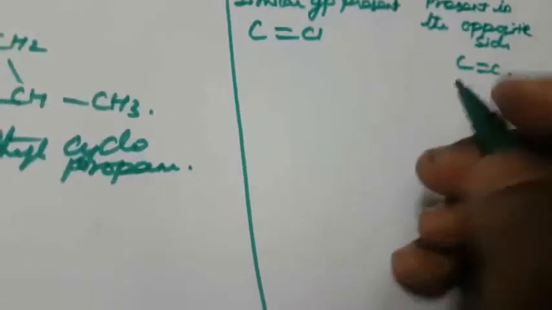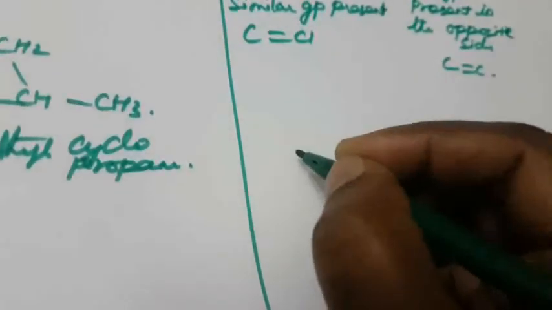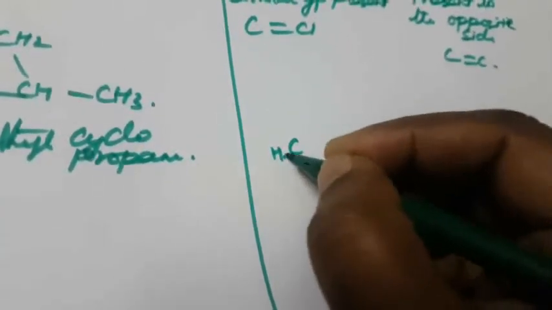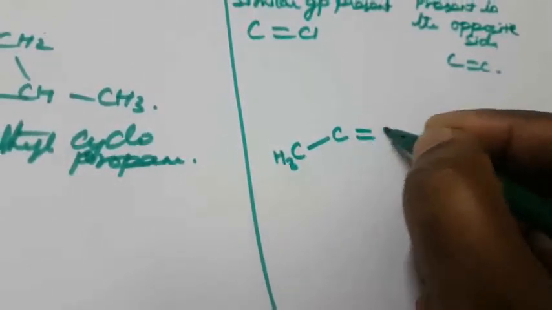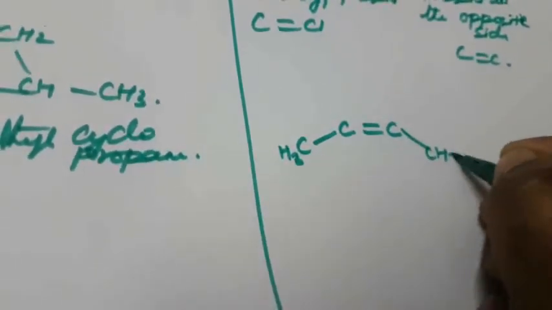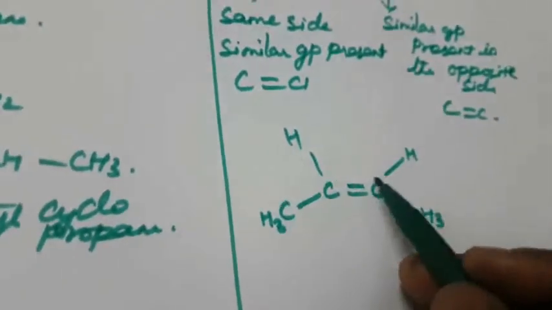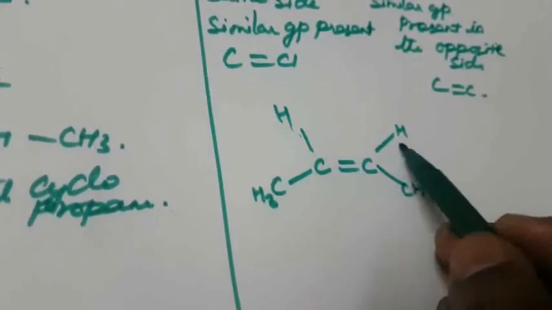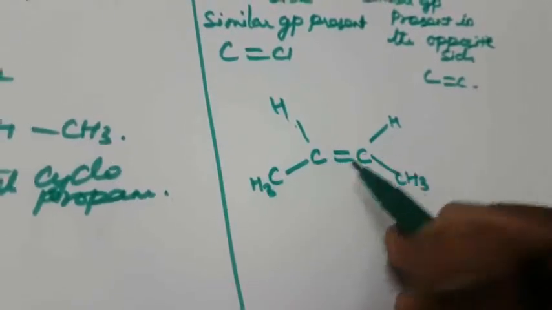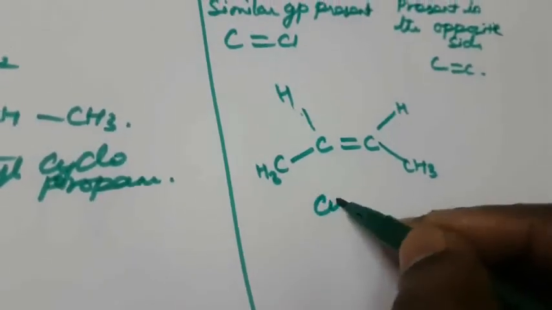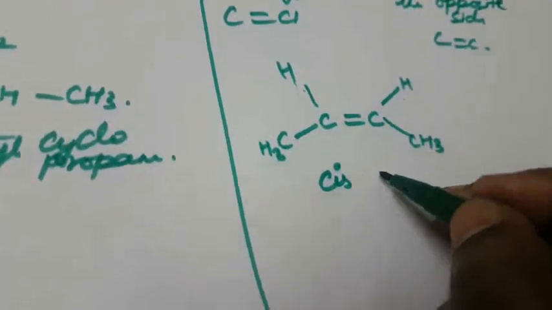Say for example butene. How to write? CH3 C double bond C CH3, here H. What is the compound name? The H's are on the same side and the CH3's are on the same side. That is called cis.